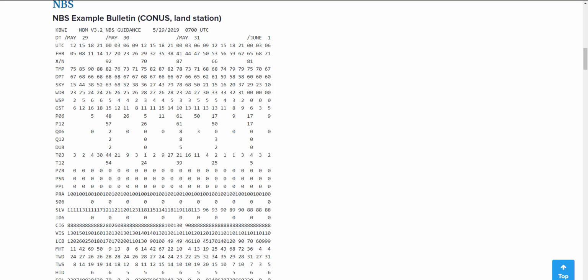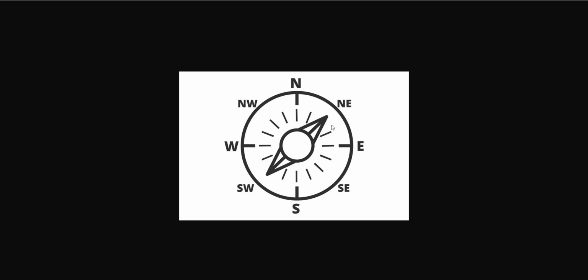Well, when we report wind direction, we either report it from a northerly or a northeasterly or easterly or a westerly direction. So if I'm reporting the wind coming from the south-southeast, that means my wind is blowing from the south-southeast and it's going towards the northwest, but the wind is coming from the southeast. So that's how the wind gets reported.